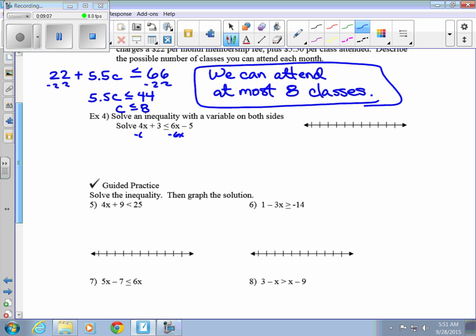So I'm going to subtract 6x to get it over here. So I'm going to have negative 2x plus 3 is less than or equal to negative 5. Now I'm going to subtract the 5. So I'm going to have negative 2x is less than or equal to negative 8. And this is the difference between an equation and an inequality. I'm going to divide by negative 2.